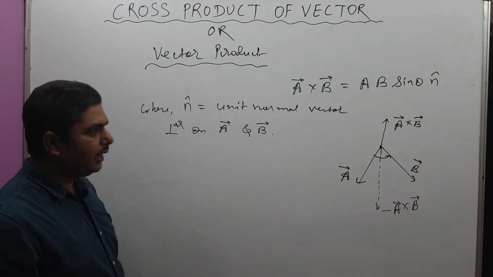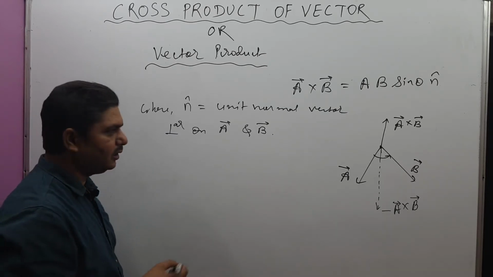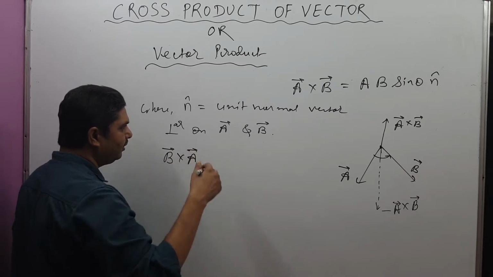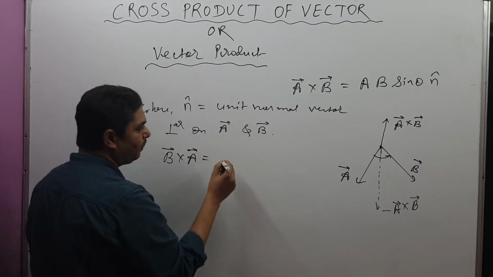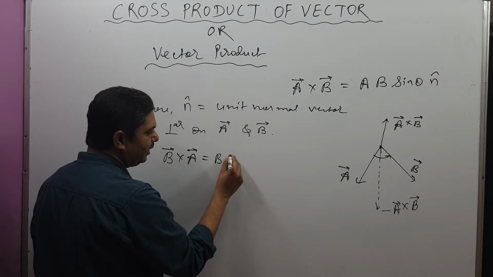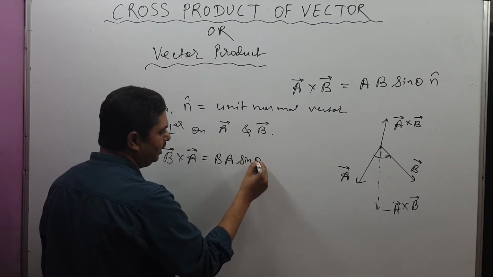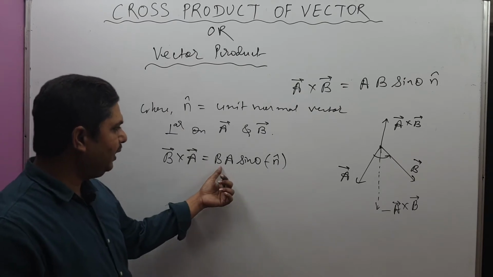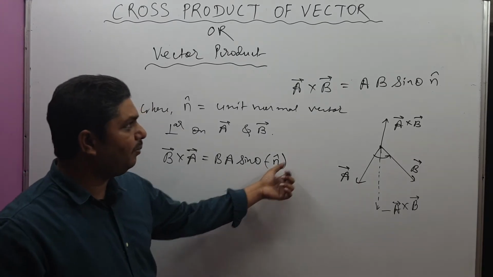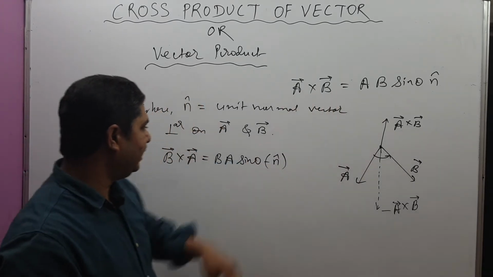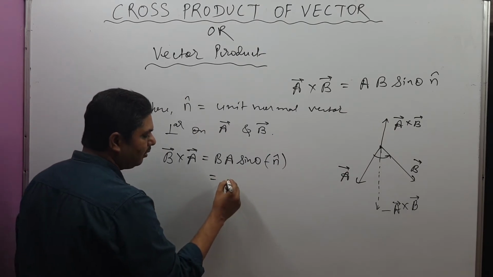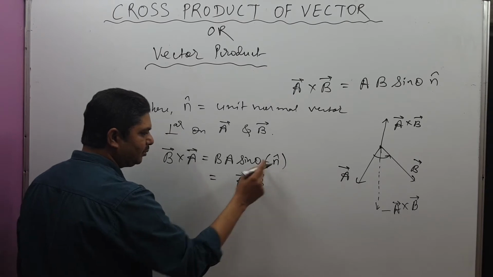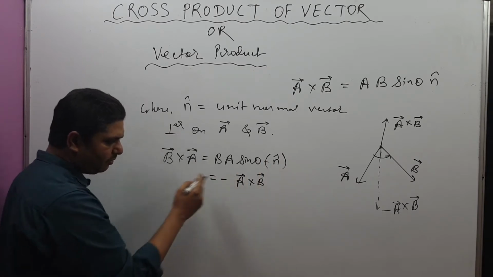Suppose I am saying that we have to find B cross A. Then B cross A vector is equal to B vector A vector sin theta and minus n cap under bracket. So this is BA sin theta n cap, from this side you can write it, this is A cross B, and negative sign will be put on the front side.